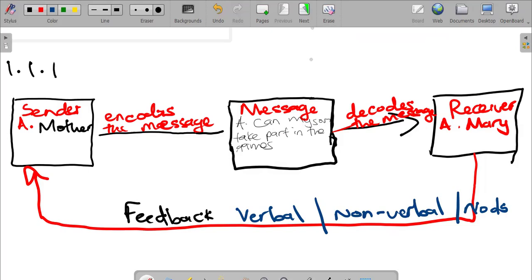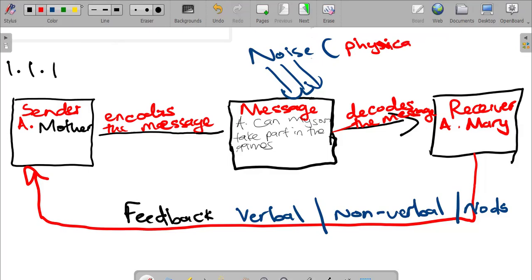During the communication process, there are barriers. There is noise, in the form of physical barriers.